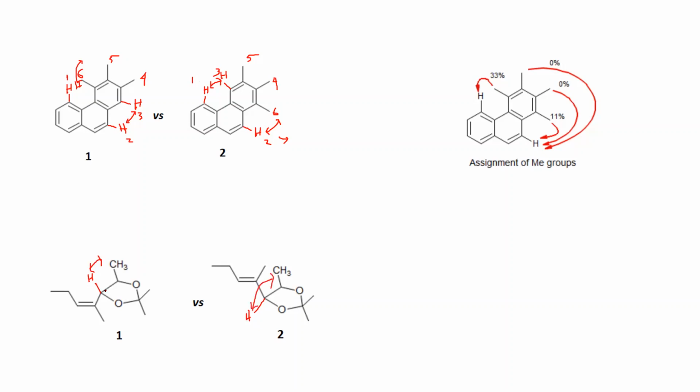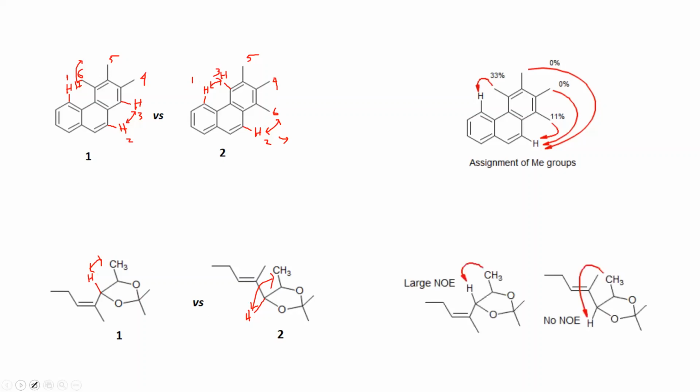So if you choose this particular peak position and irradiate it, if the methyl proton is enhancing, the NOE is enhanced, you can see the enhancement in the peak intensity, then it will be compound 1. If you don't see any peak intensity, it will be compound 2, that we have shown here. So you'll have large NOE here, you will not have any NOE. Got it? Now one more application, one more way to do the NOE is the two-dimensional.